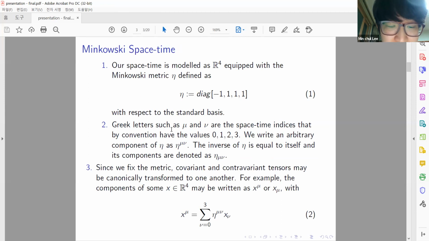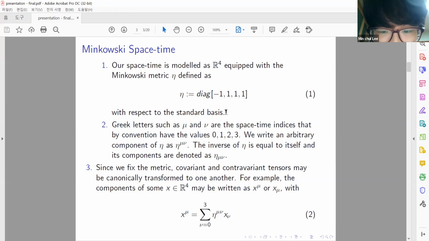I just said that the operators are distributed throughout space-time, so we have to model the space-time first. Our space-time is modeled as R4 equipped with the Minkowski metric, defined as the diagonal matrix -1, 1, 1, 1 with respect to the standard basis.